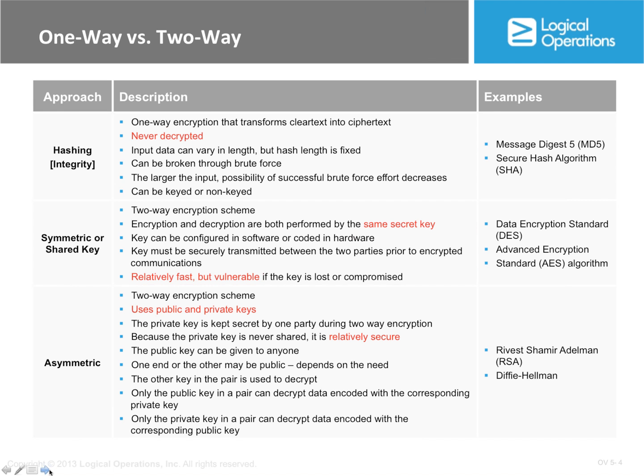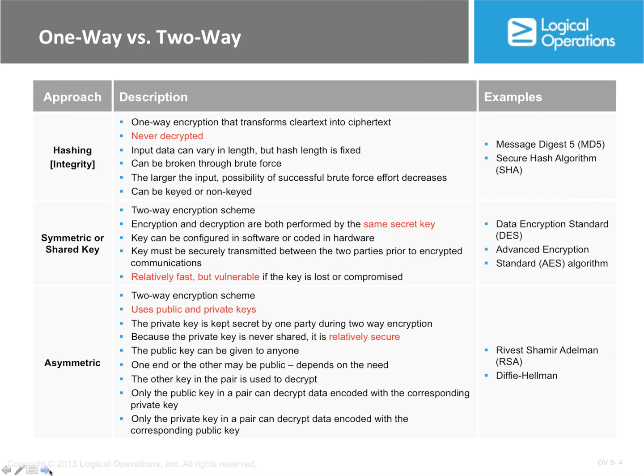So symmetric encryption, just remember, symmetric encryption is same or one. You're using the same shared secret key for the entire encryption mechanism. Extremely fast, however, extremely vulnerable. Symmetric encryption does not scale very well.